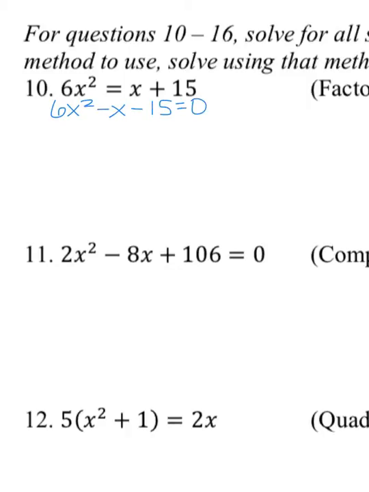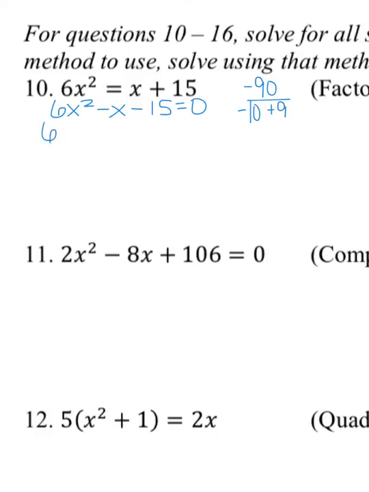And now I need two numbers that multiply to be 6 times negative 15, which is negative 90. So two numbers that multiply to be negative 90 and add to be negative 1 are going to be negative 10 and a positive 9.